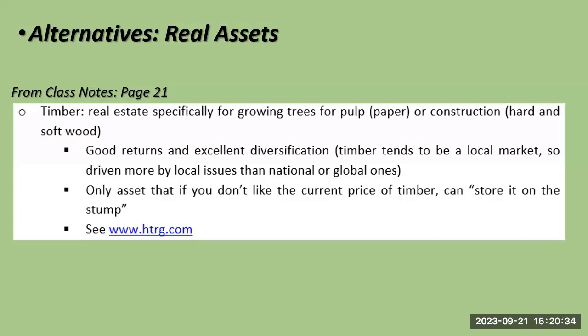Which areas of the U.S. are lumber? What states do you think of? The Northeast. Northeast, Northwest. What state do you live in that is a major lumber producer that you don't think of as a lumber producer? Texas is a major producer of trees.